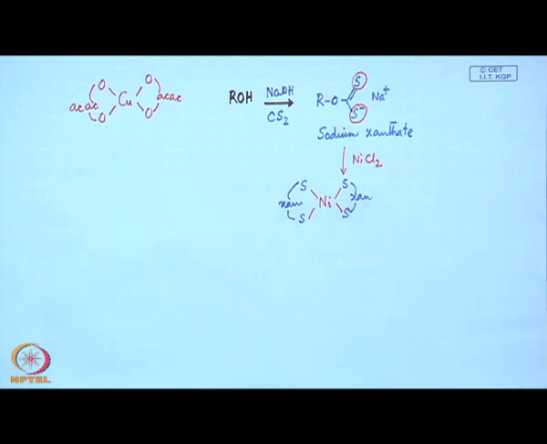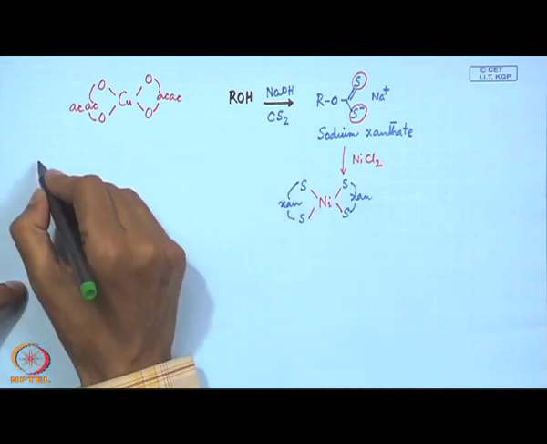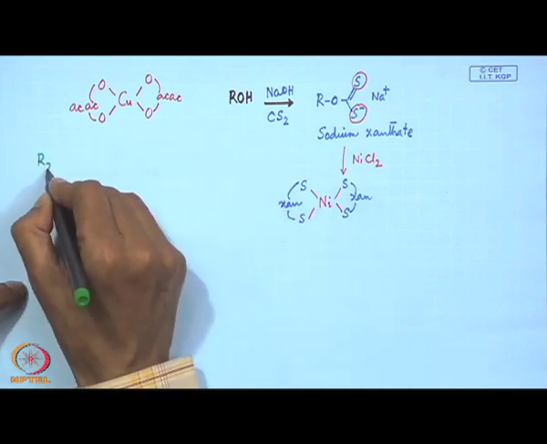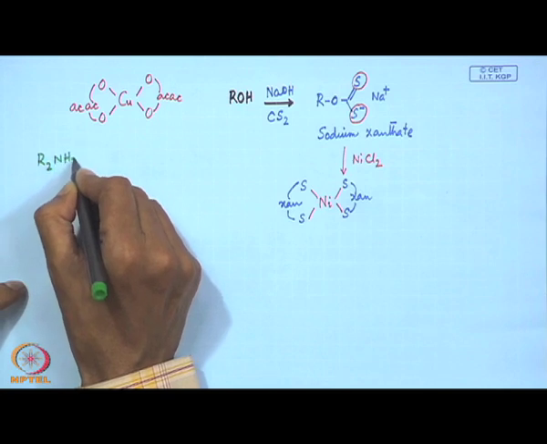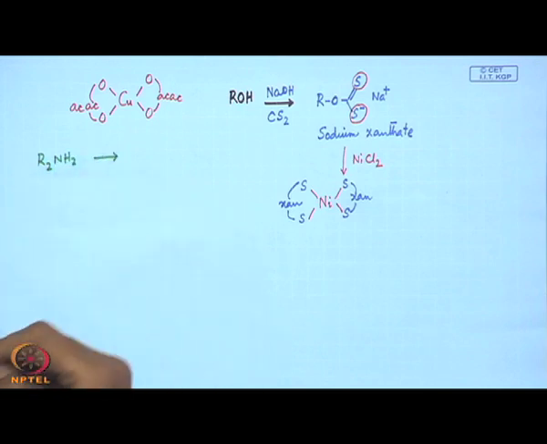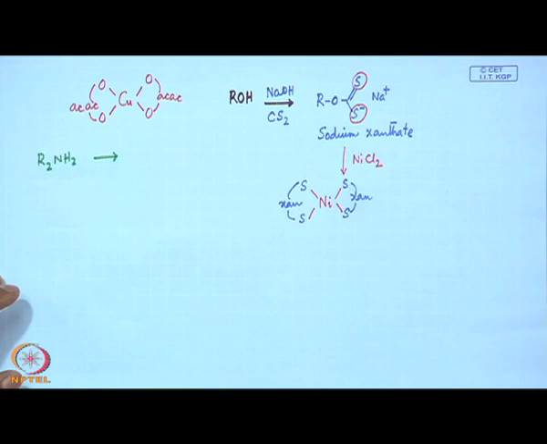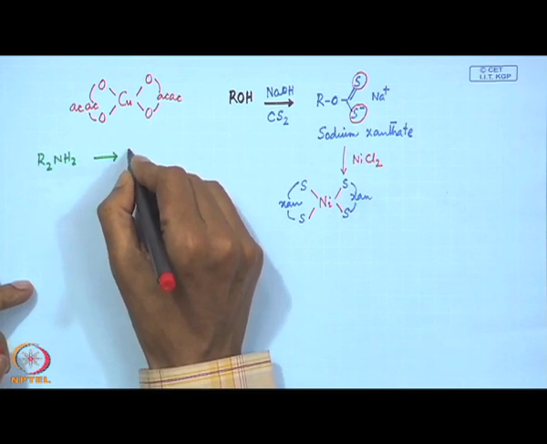Similarly, if instead of alcohol we take the corresponding amine R2NH, by doing the same type of reaction we will get the corresponding dithiocarbamates.